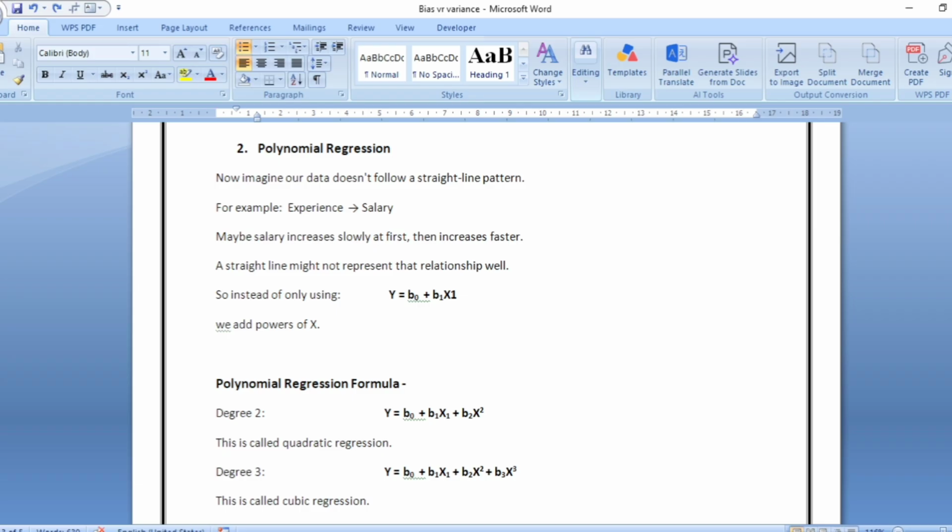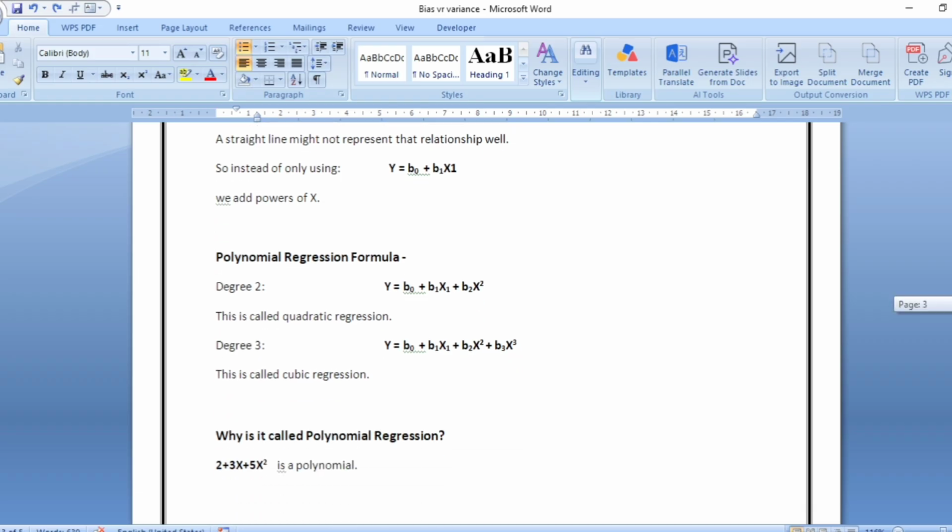So the formula that you should remember for degree 2 polynomial regression is y is equal to b0 plus b1 x1 plus b2 x square. This is called quadratic regression. And degree 3: y is equal to b0 plus b1 x1 plus b2 x square plus b3 x cube. This is cubic regression.